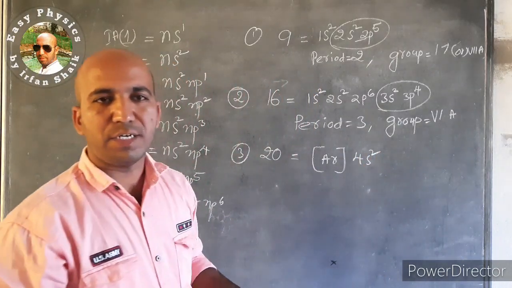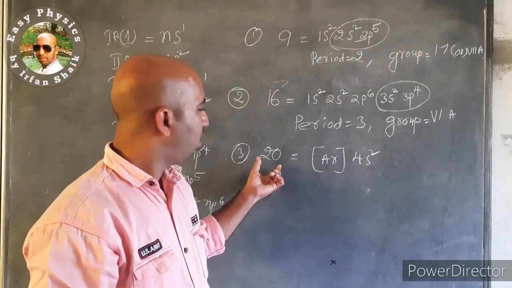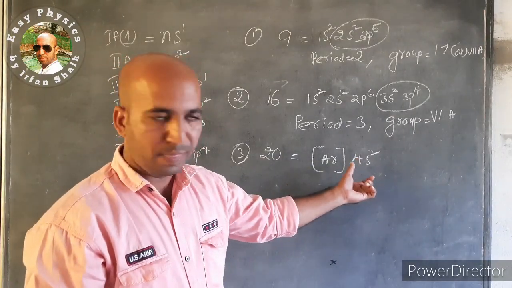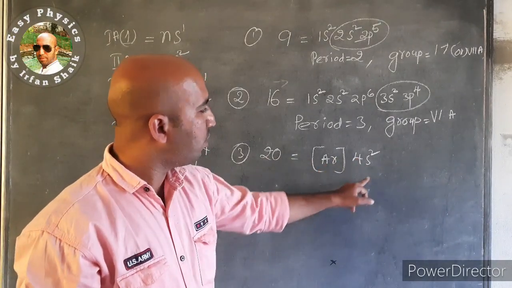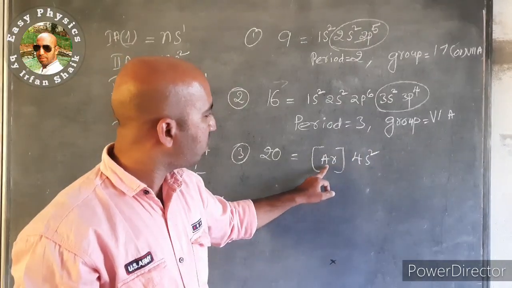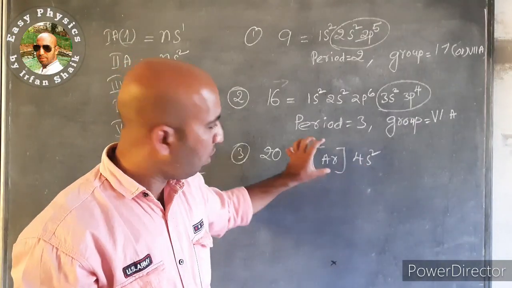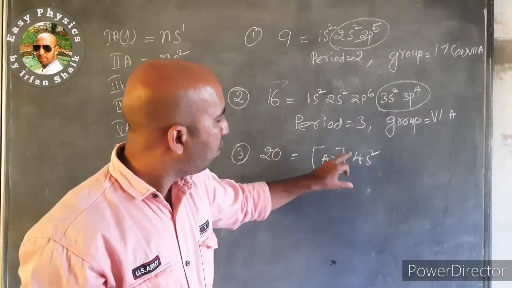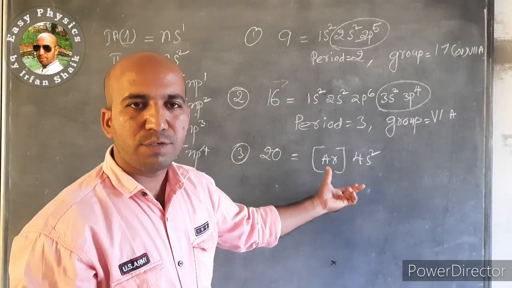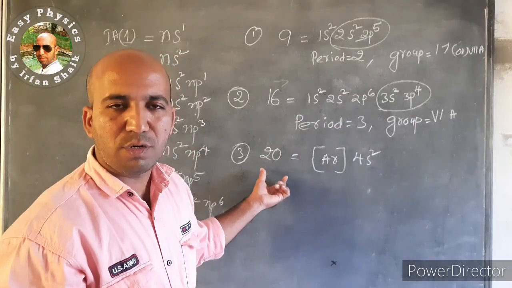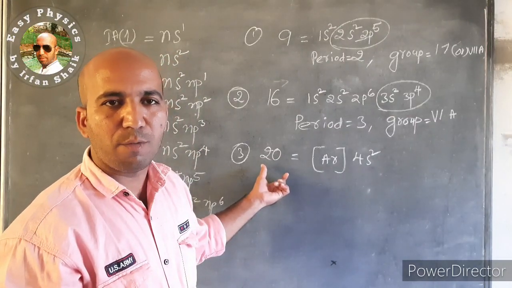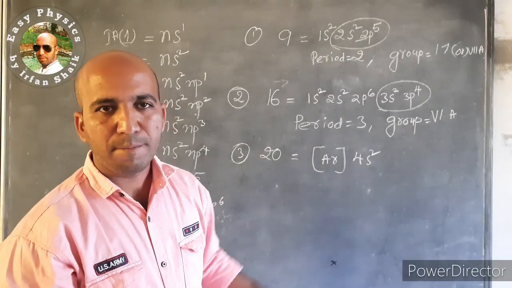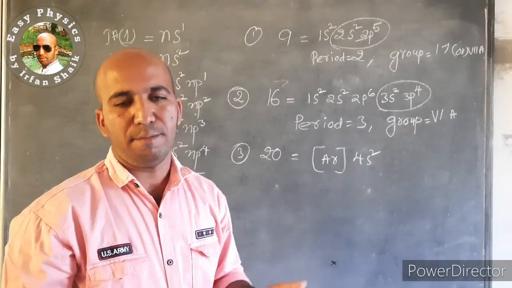The electronic configuration of the element having atomic number 20 is argon 4s2. Why did we write this electronic configuration as argon 4s2? Because argon's atomic number is 18, and then 4s2. Like that, we can write the electronic configuration of the element having atomic number 20.